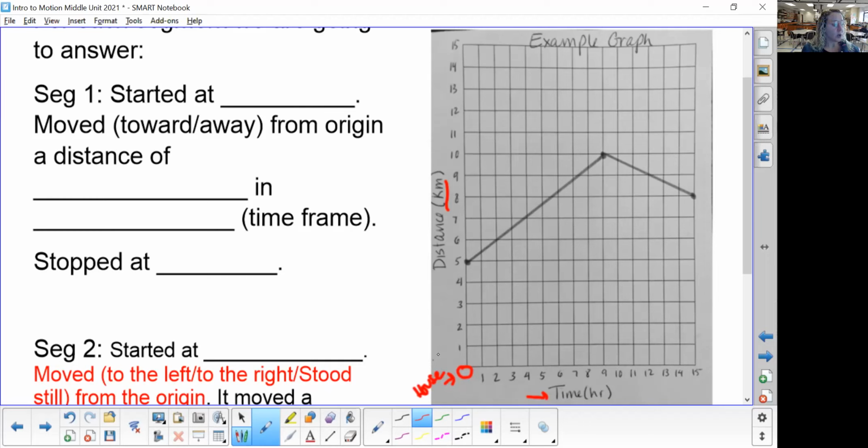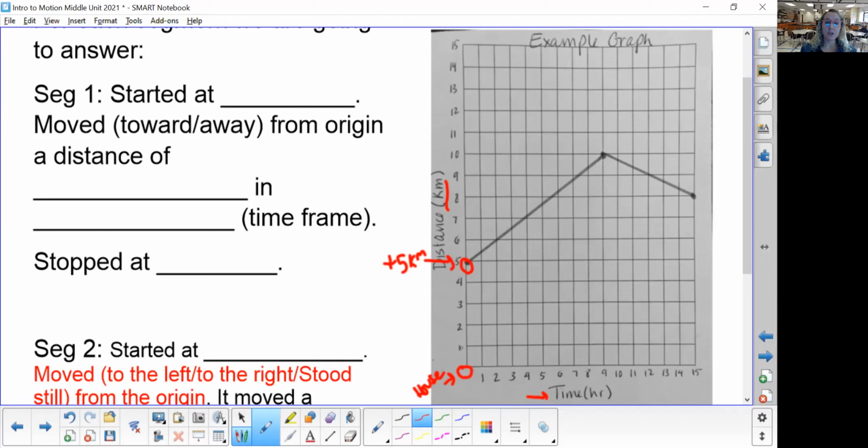So this object did not start at the house. Its starting position is right here, because this is at time 0. And it was positive 5 kilometers away from the reference point, which I'm just going to call your house.